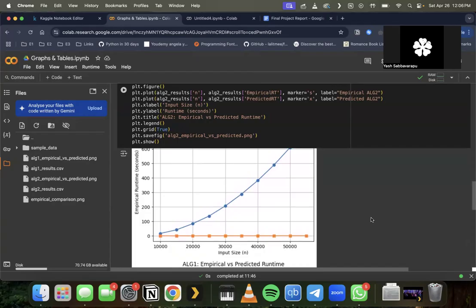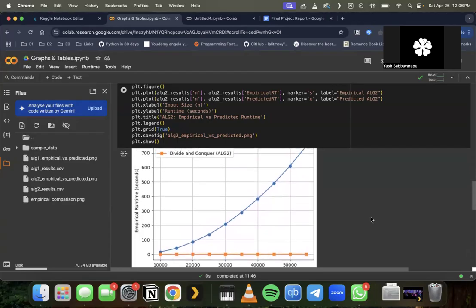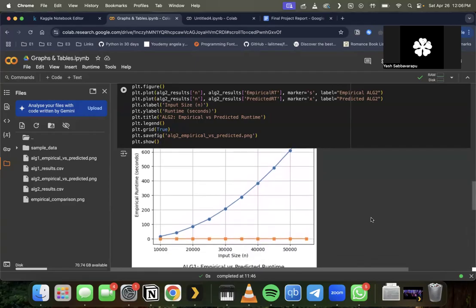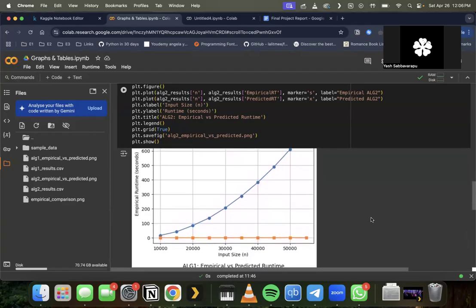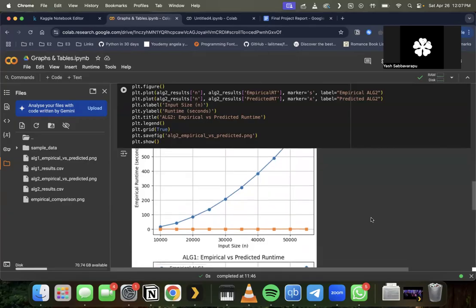The first graph shows the empirical runtime comparison between brute force and divide and conquer. As expected, brute force grows extremely fast due to its quadratic nature, while the divide and conquer maintains a much more manageable growth curve.